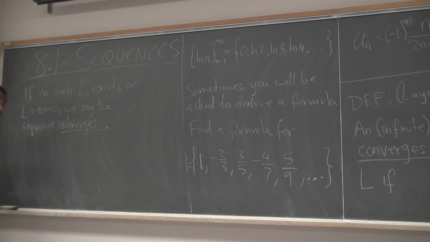So converges means I can take the limit, it exists, and it's finite. If I take the limit and it doesn't exist, or I get infinity, I say the sequence diverges.